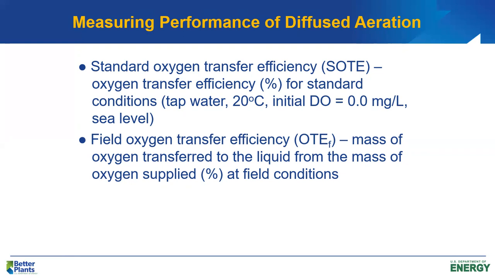A very ballpark estimate, if we're talking elevations less than about 1,000 feet, and trying to maintain a DO concentration of 1 to 2 milligrams per liter in the biological reactor, is that the field oxygen transfer efficiency will be about 60% of the standard oxygen transfer efficiency. But in each application, we want to calculate the oxygen transfer efficiency more exactly rather than just estimating it.